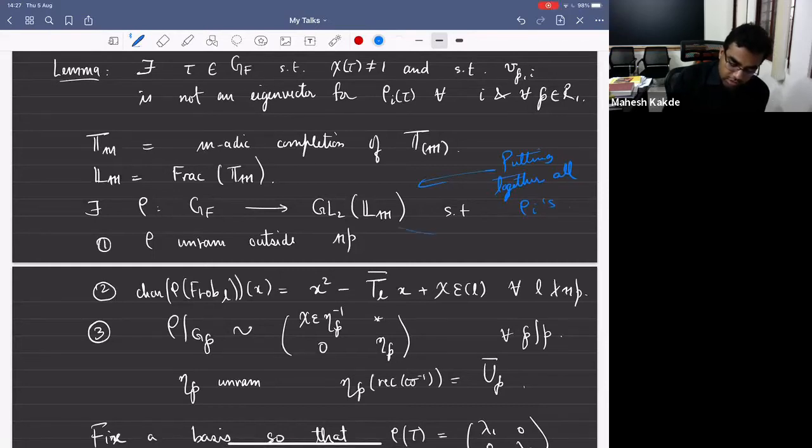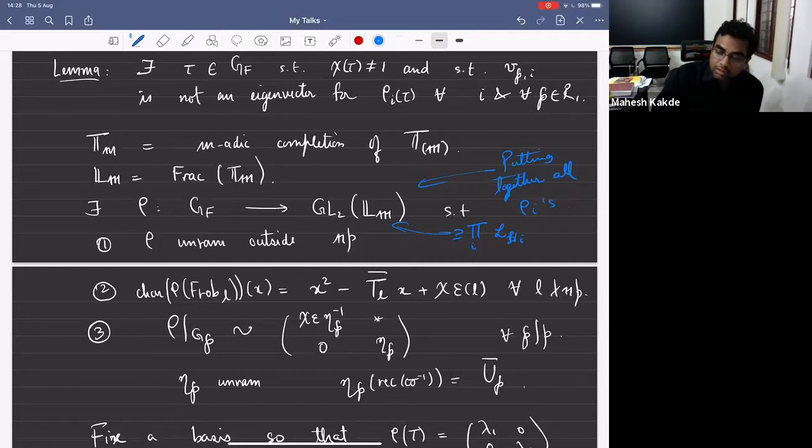So this is a product of all the, I mean, this contains this, right? And then this is some kind of completion of that. So you take the completion of each of these and then take the product, and that gives you this. All right, so this is just putting everything together.